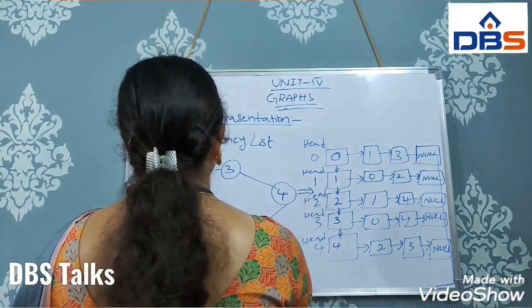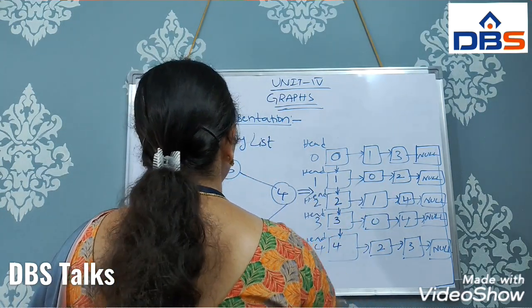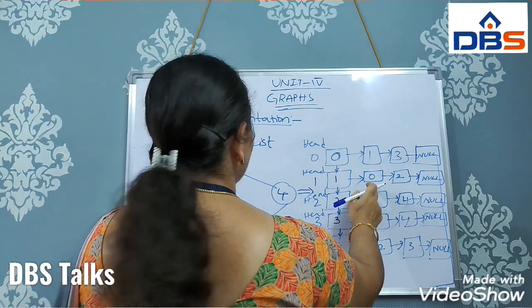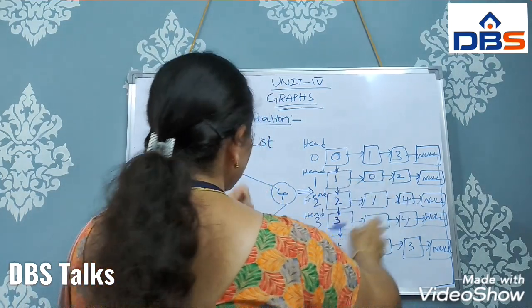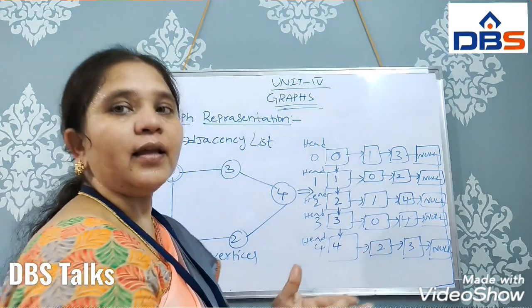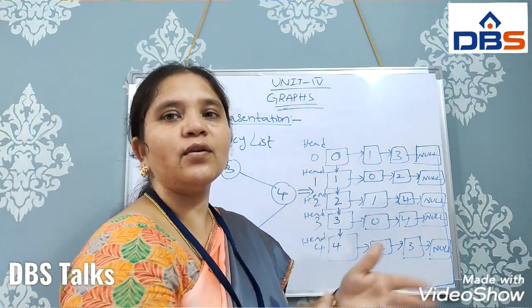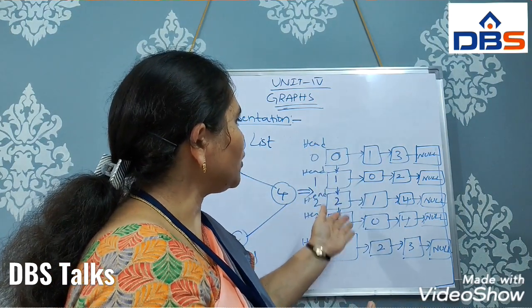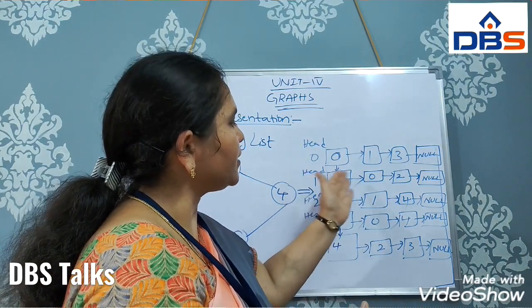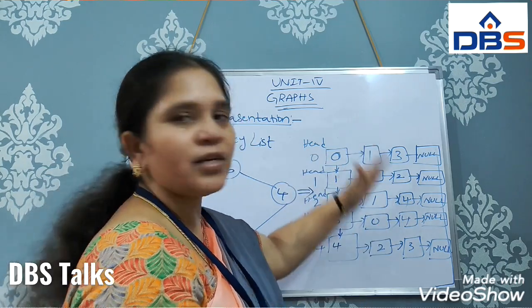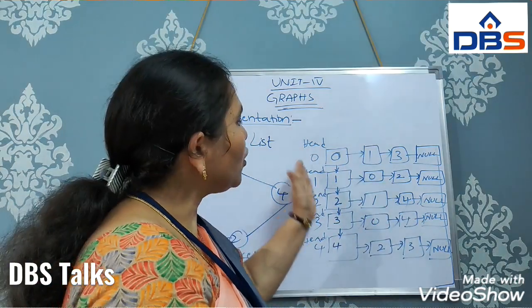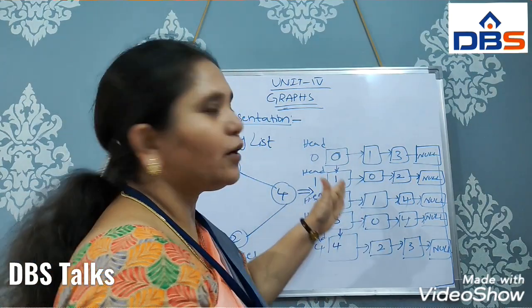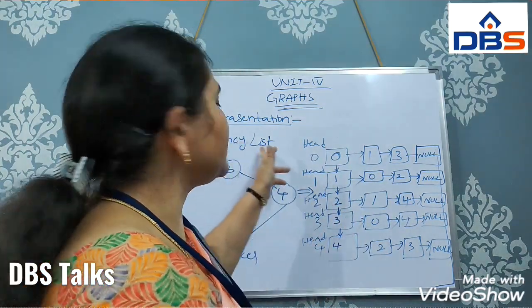From 1 we directly find 1 to 0 and 1 to 2. Like this we can find them easily. No space is wasted, there are no null or zero spaces. Only the edges that exist are mentioned. That is the advantage of the adjacency list.